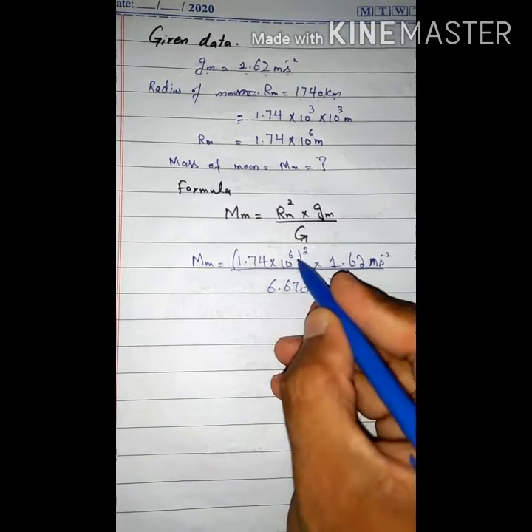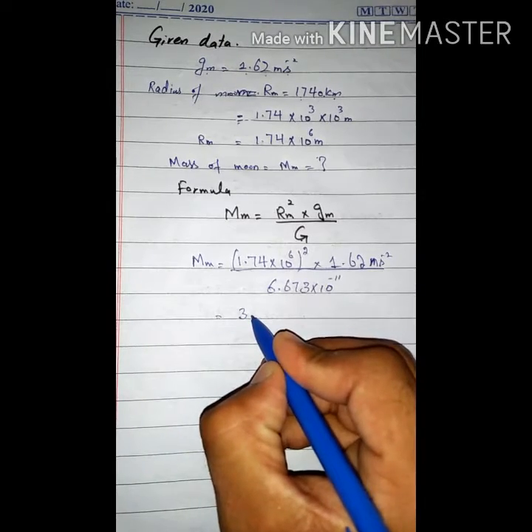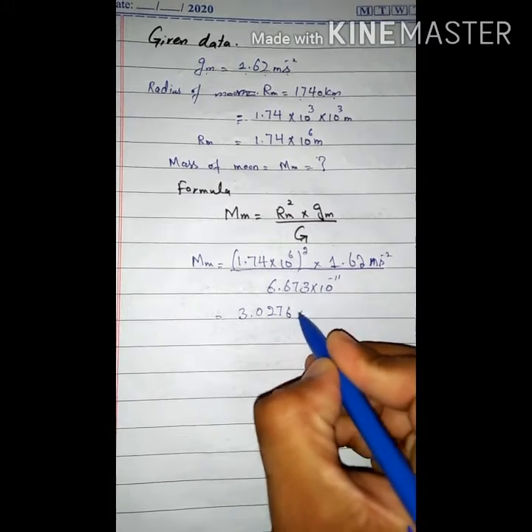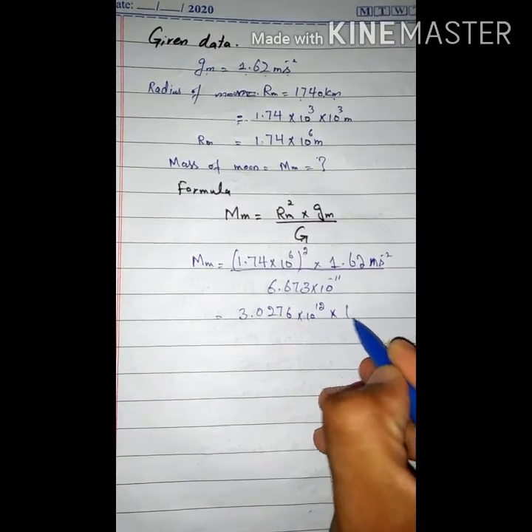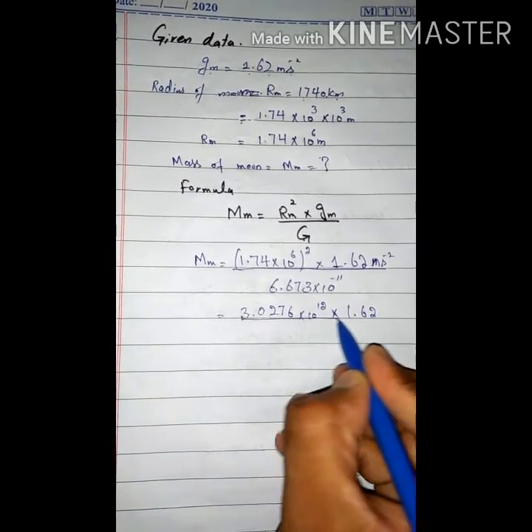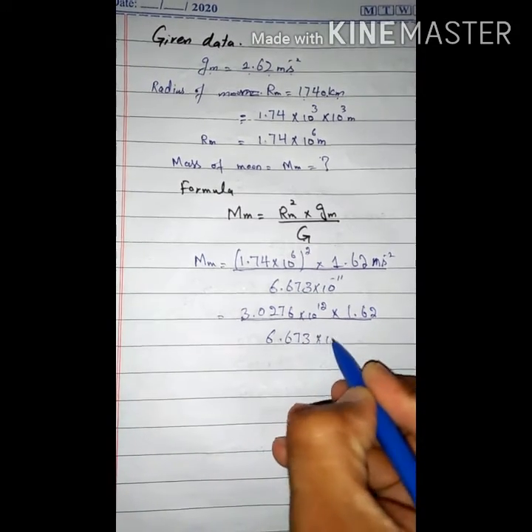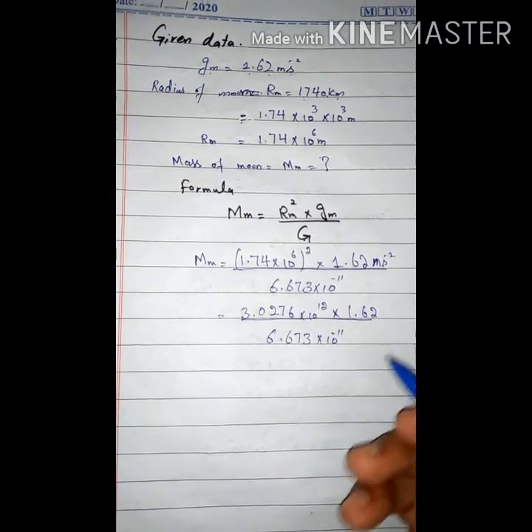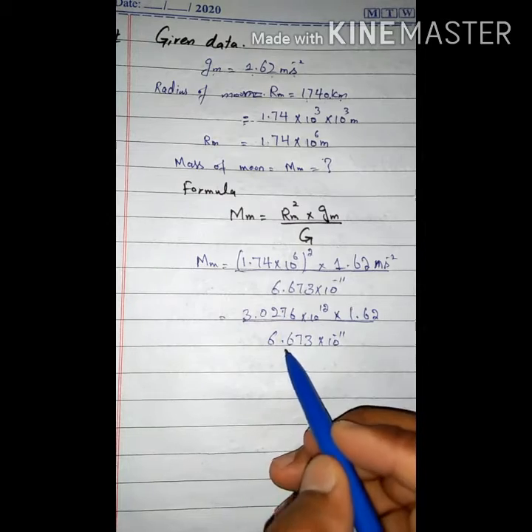Okay, now taking first the square of this value and by using calculator, the answer will be 3.0276 multiplied by 10 to the power 12 multiplied by 1.62 and divided by 6.673 multiplied by 10 to the power minus 11. Okay, first of all we will multiply both values and divide by this.